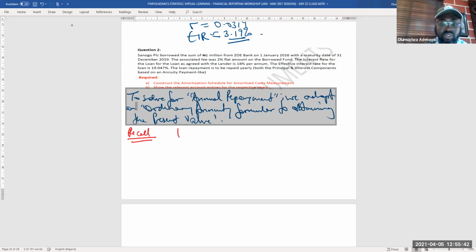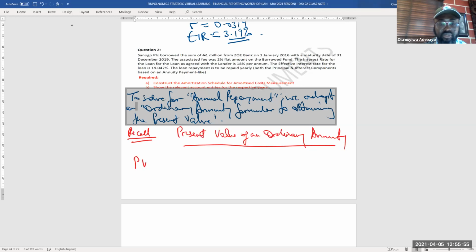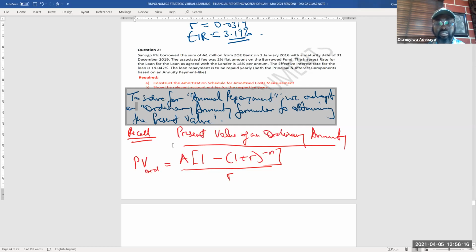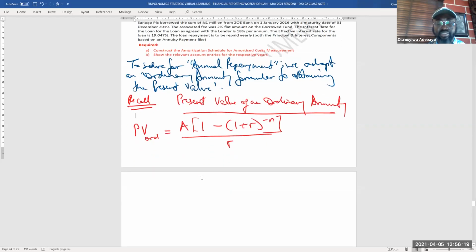Recall that the present value of an ordinary annuity is as follows: A times bracket 1 minus bracket 1 plus R close the bracket raised to power minus N, all divided by R. That should give you the formula.